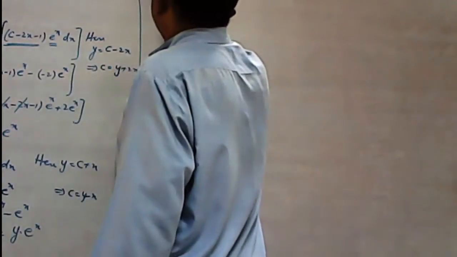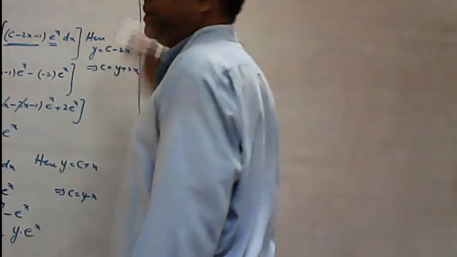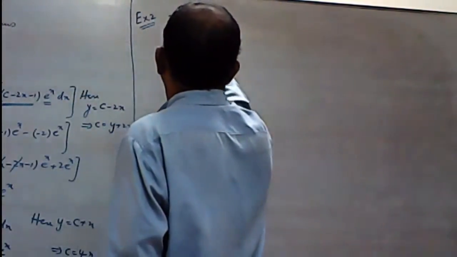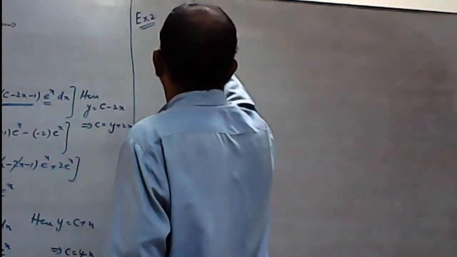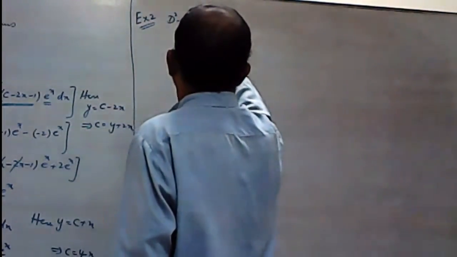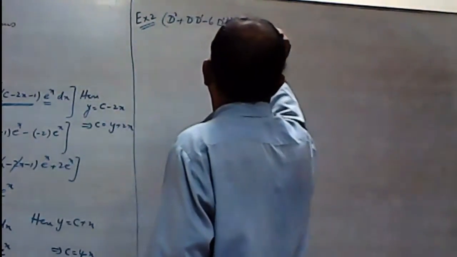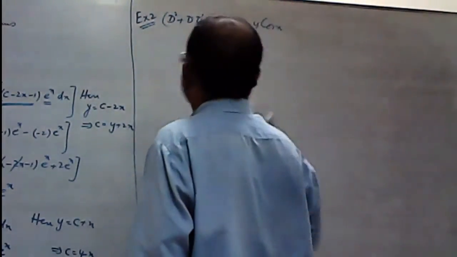So let's say we have example number 2. Let's say we have (D² + D' - 6D'²)z = y cos x.